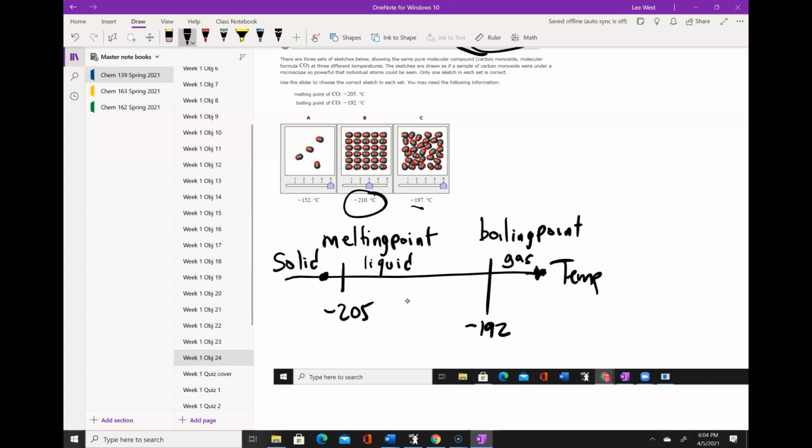So minus 197 is going to be, I don't know, in here, right? It's less than minus 192, but it's greater than minus 205. So that's in the liquid area. So I've got my molecules close to one another, but they're kind of disorderly arranged. And that's it. So that's how we do that.